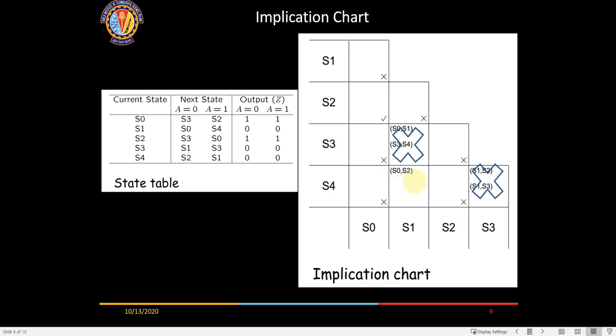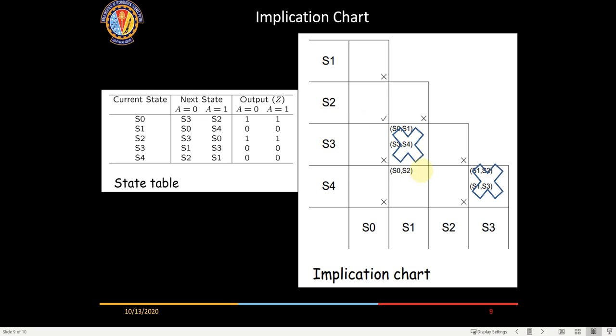Now if you see, there is only one element left, which is S0 S2. It says that for the conditional possibility of S1 and S4, if S0 is equivalent to S2, then S1 and S4 can be merged. S0 and S2 are already merged here, which means this condition is also met.